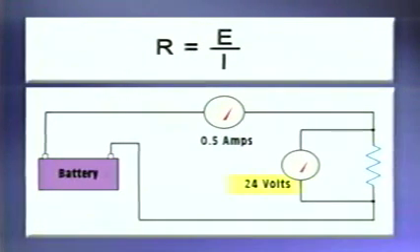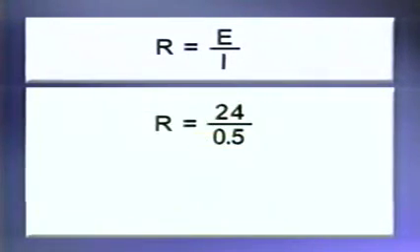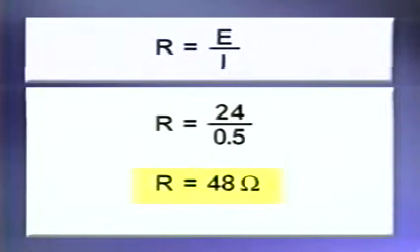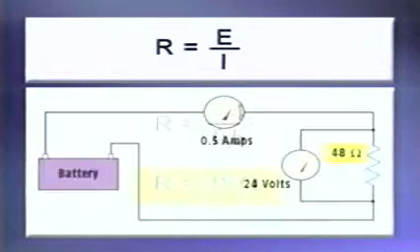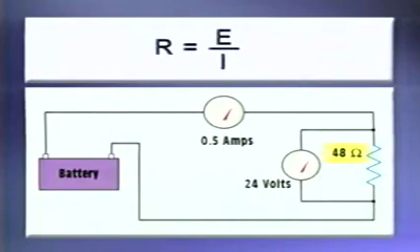The letter E is replaced with 24 because the battery has a voltage of 24 volts, and the I becomes 0.5 because the circuit current is 1/2 amp. The formula indicates that the resistance can be determined by dividing the voltage by the current. 24 volts divided by 1/2 amp equals 48 ohms. So the resistor has a value of 48 ohms.